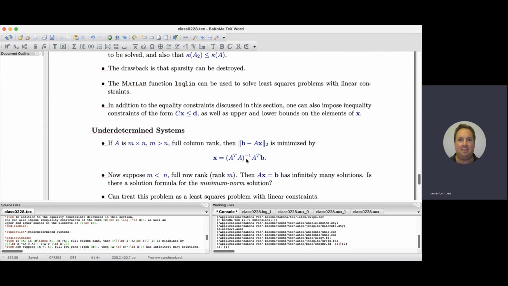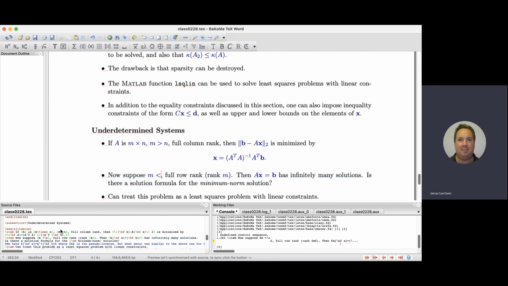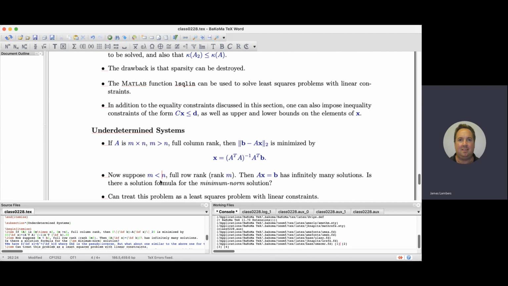So that's overdetermined. If we have fewer rows than columns, but we'll assume that A has rank n, so at least has full row rank, then what happens in that case is, because it has full row rank, whatever vector b you have will definitely be in the range of A. So this is a situation where Ax equals b has infinitely many solutions.